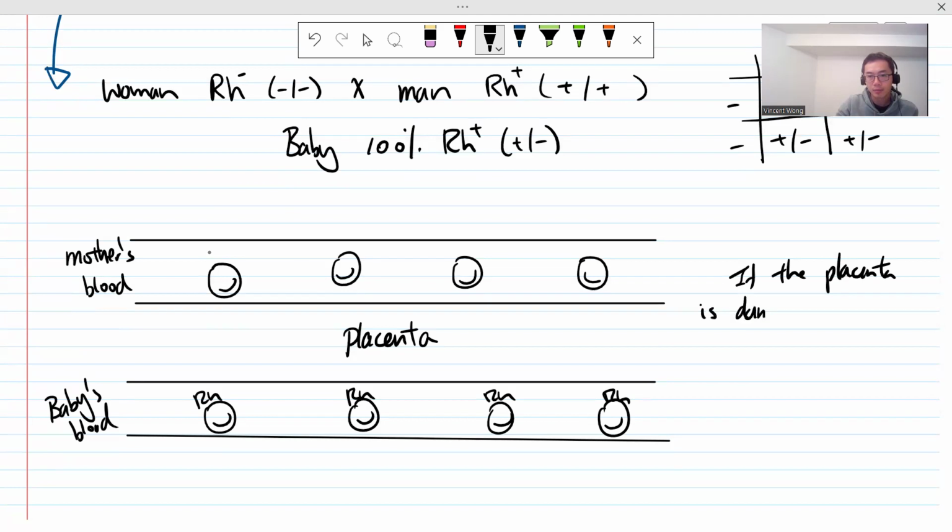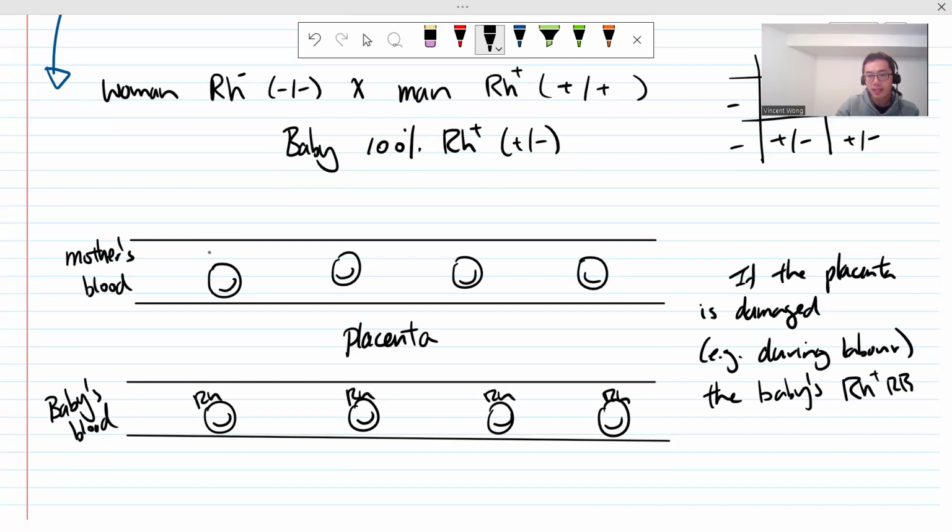So if the placenta is damaged, e.g. during labor, the baby's Rh positive RBCs will enter the mother's blood.